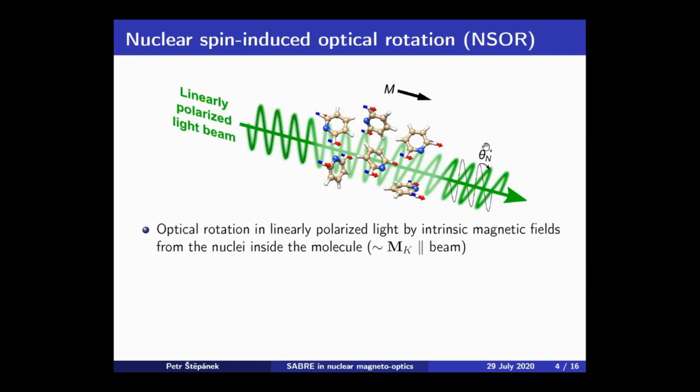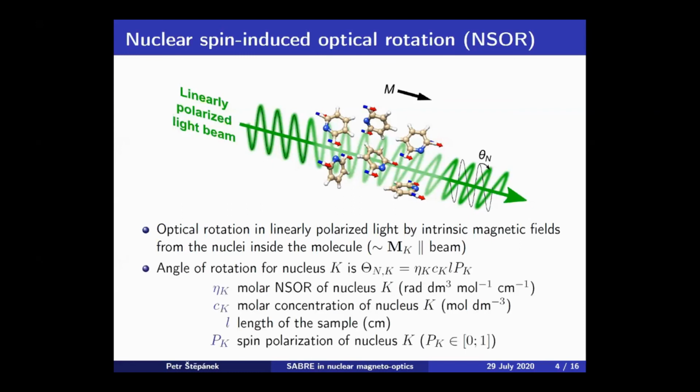And this will also lead to a rotation of the plane of polarization. Since this rotation is caused by the fields from the nuclear spins, it is called nuclear spin-induced optical rotation, or NSOR for short.